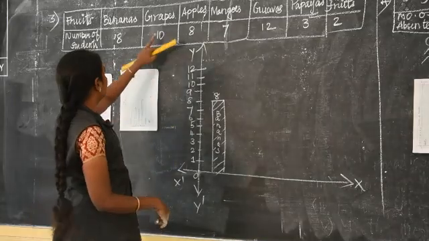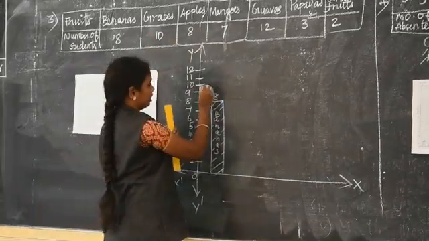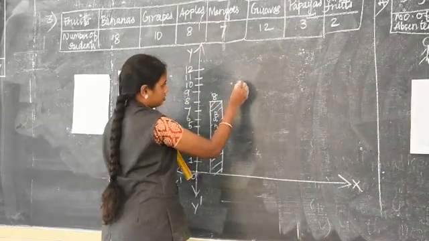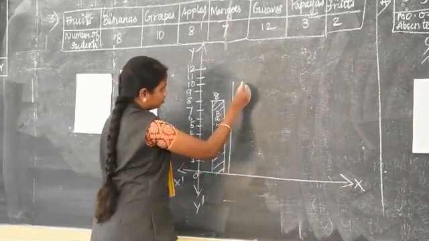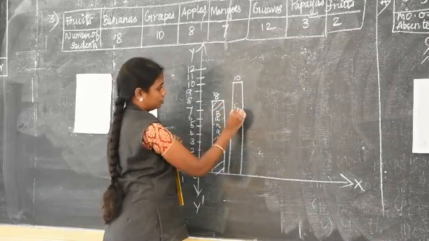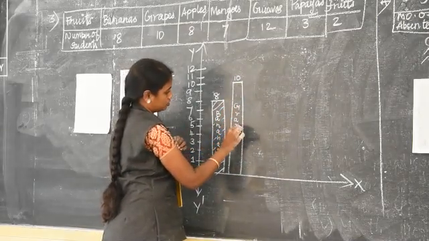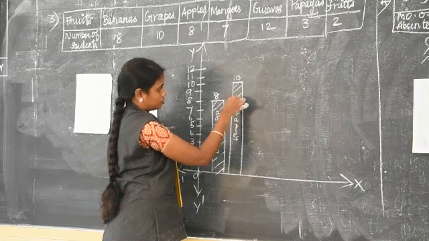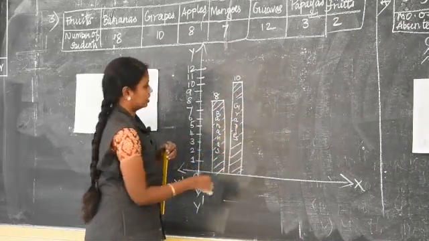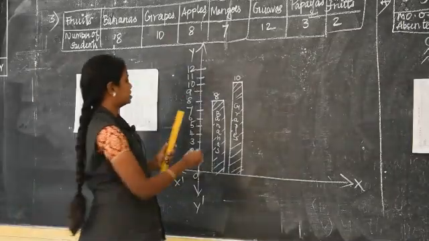Next is grapes. Grapes is 10. Leave one box. Scale. Grapes. Don't use pen even for this, only pencil. Next is apples.